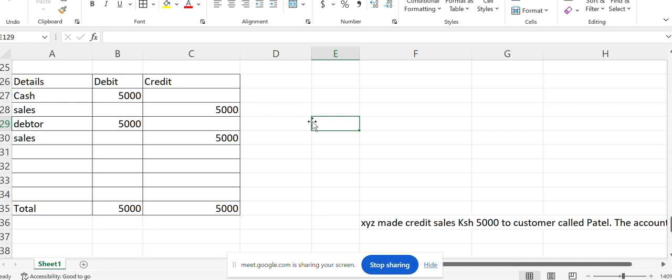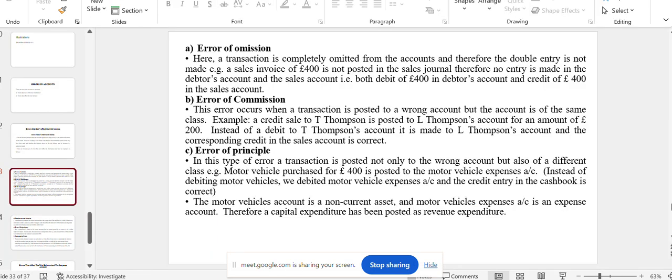Error that belongs to the same class. Peter and Patel, or in the example that they have used here, T. Thompson and L. Thompson. All of them are debtors of this company. Are you together? So even if you do not correct that error, it still balances. So we call that error of commission.